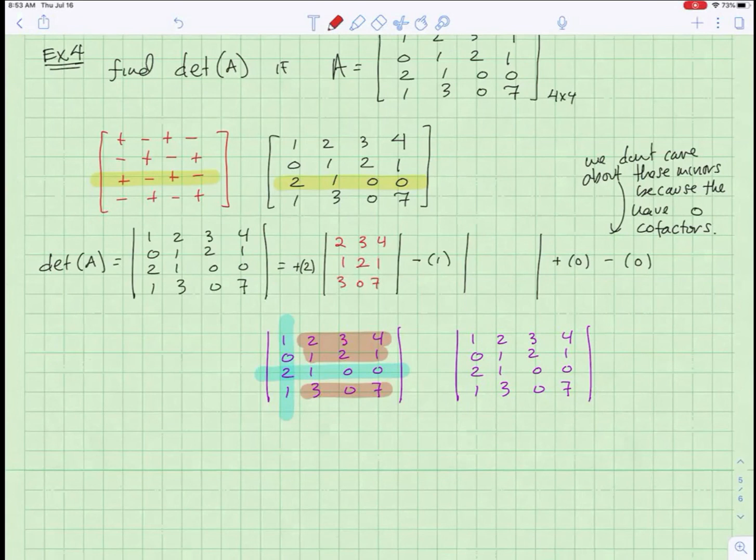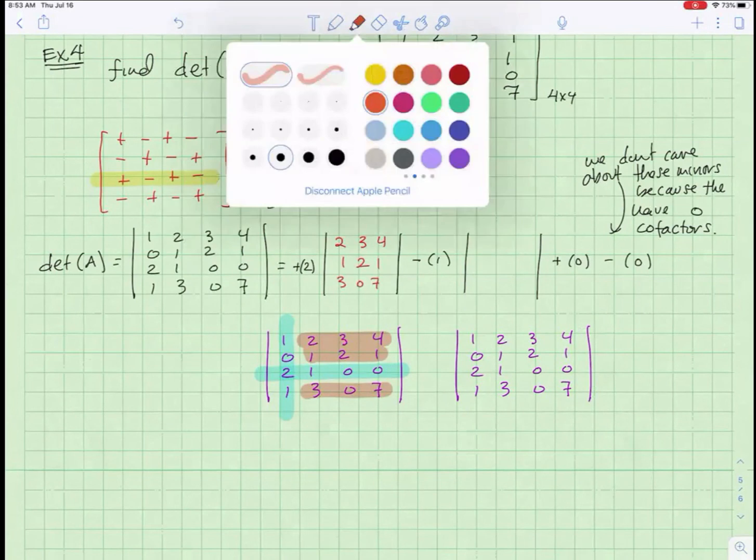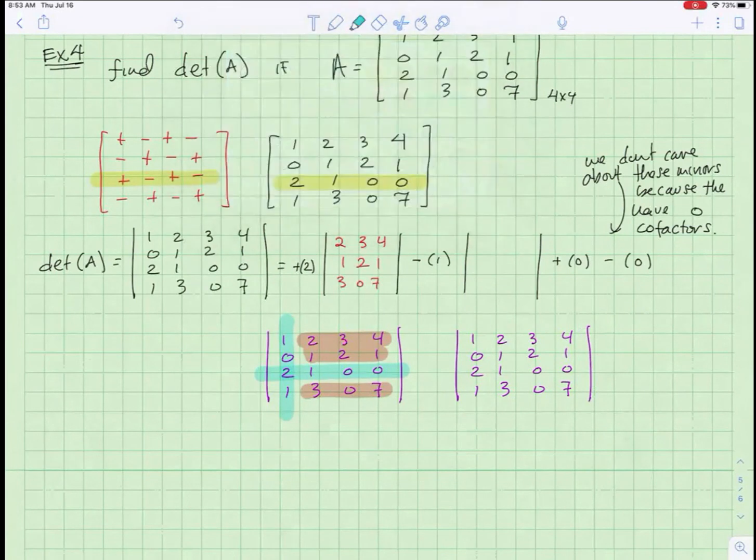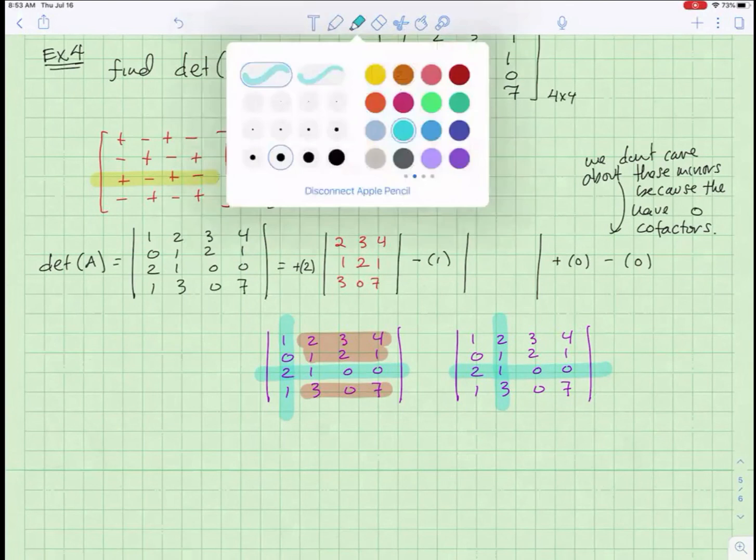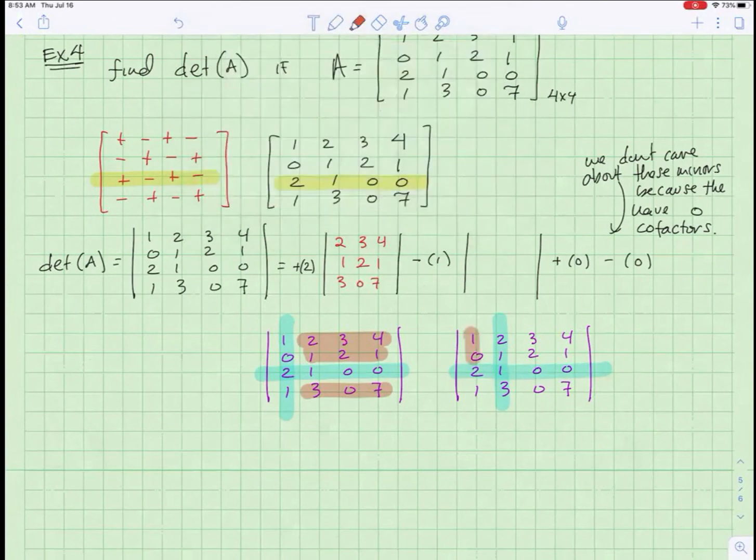As soon as we're done here, we'll move to our next minor determinant, which is for the 1. We'll cross out the row and column containing 1. And we get 1, 3, 4, 0, 2, 1, 1, 0, 7.